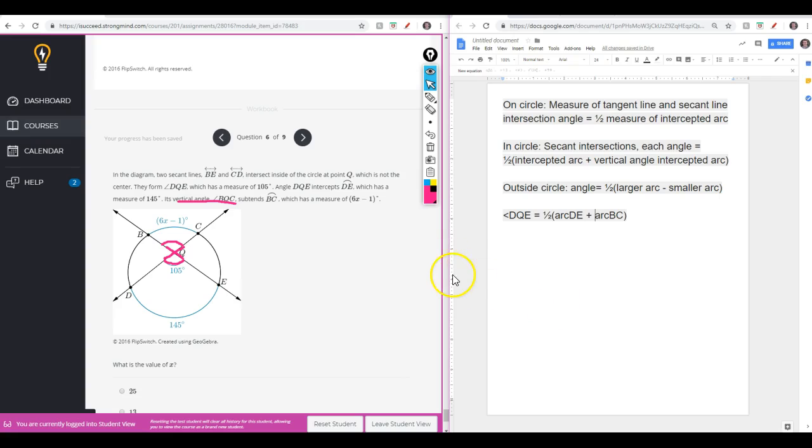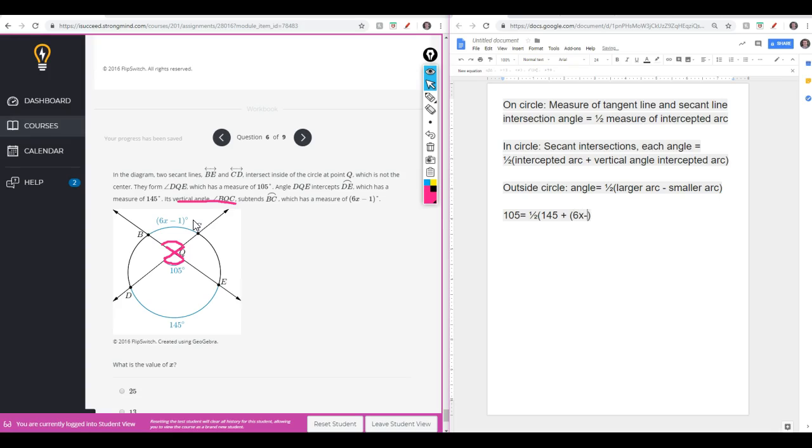And now we are going to use some substitution. So we know that angle DQE is 105 degrees. We know the arc DE is 145 degrees. We know the arc BC, since there's two terms, 6x and minus 1, I'm going to put this in parentheses.